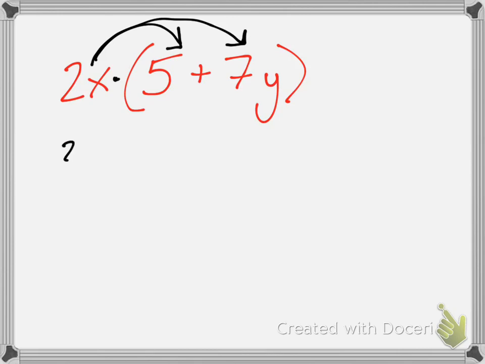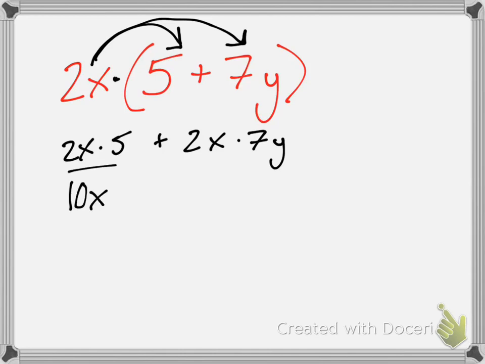It's 2x times 5, and then it's also 2x times 7y. Exactly. So as Izzy said, she said 5 and 7y. 2x times 5 is 10x. This one's trickier. What's 2x times 7y? What is 2x times 7y?